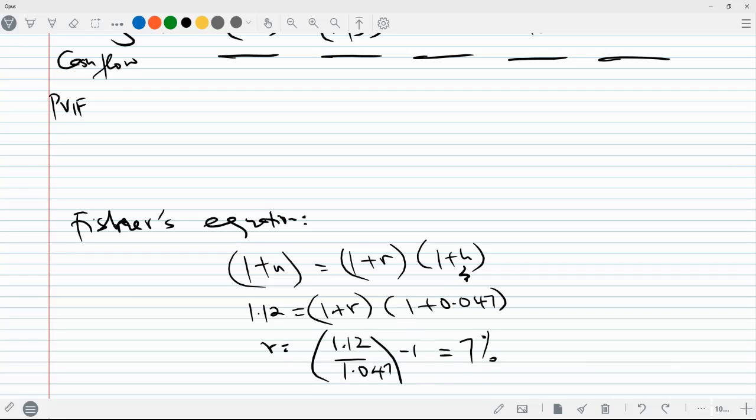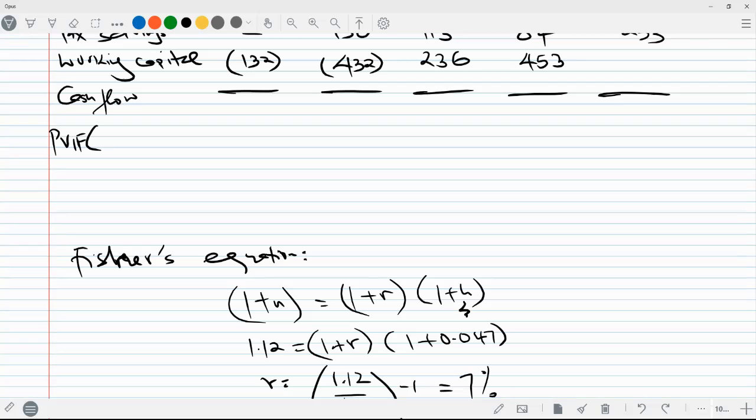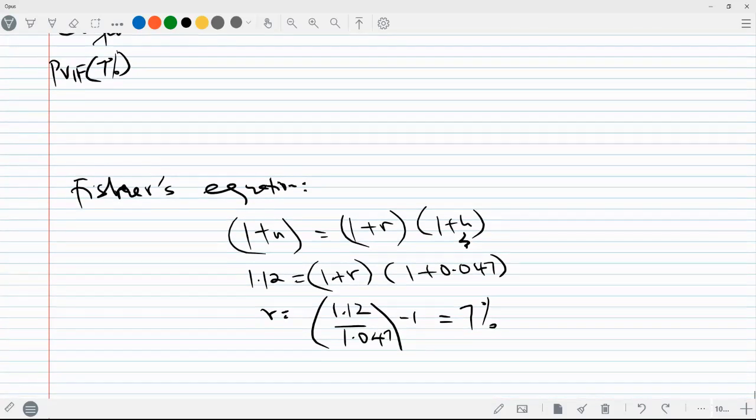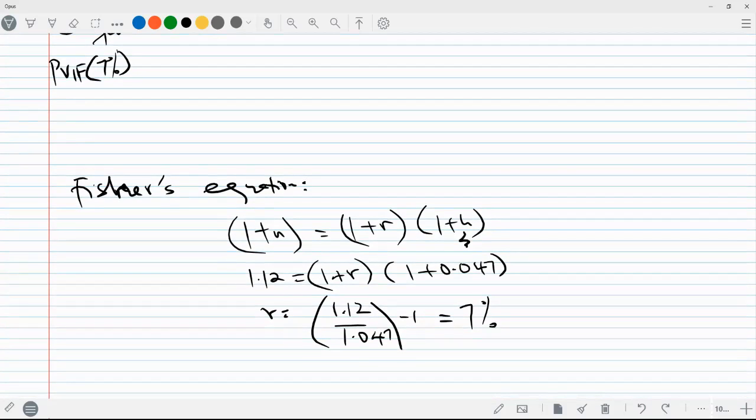The cash flow figures we discount at the real discount rate, obtained from Fisher's equation, and use 7%. Yes. Sir, isn't Fisher's equation in the nominal money approach? No, the examiner has given us the nominal rate. We don't know the real rate, so you work backward to get the real rate of return.